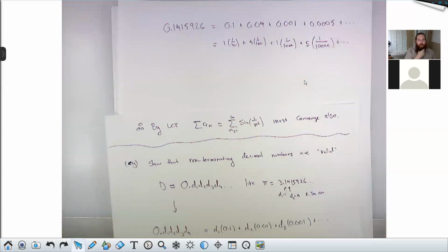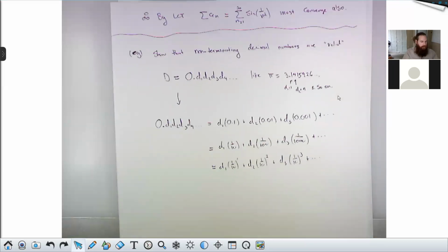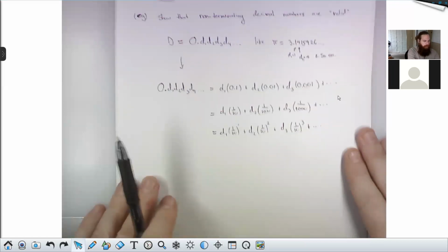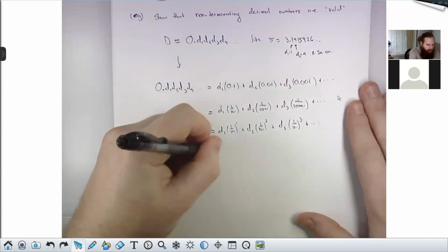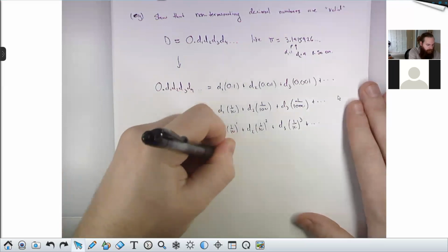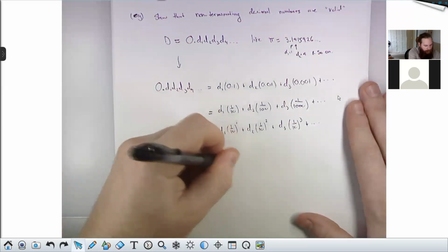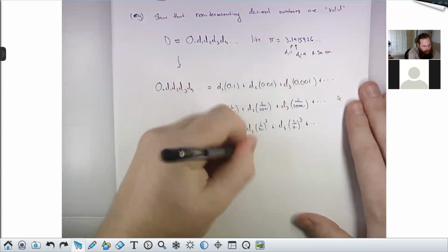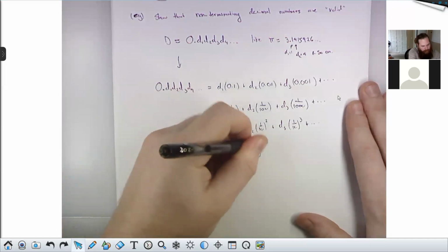So I'm taking an arbitrary decimal number and splitting it up into its tenths, hundredths, thousandths, 10,000ths pieces. My aim is to show that this series is convergent. So my last step here is going to be to write this as an infinite series. This is the sum from n equals 1 to infinity of dn times 1/10 to the n.